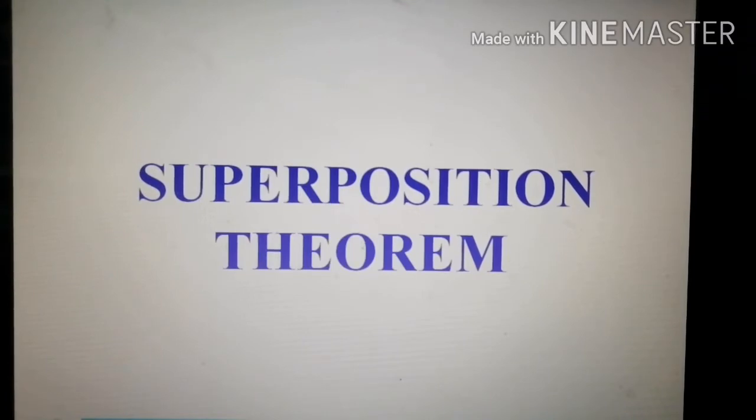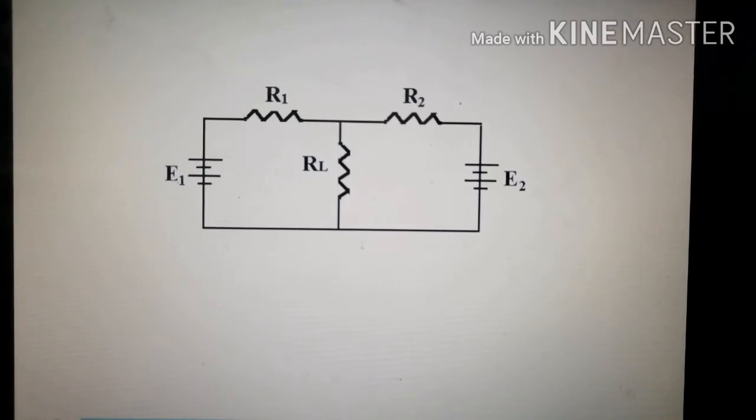Students, today our topic is the superposition theorem. The superposition theorem is used to resolve electrical circuits. It's a very interesting theorem. See, this is an electrical circuit containing two energy sources. One is E1, and the second source is E2.